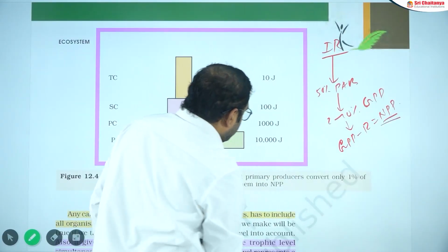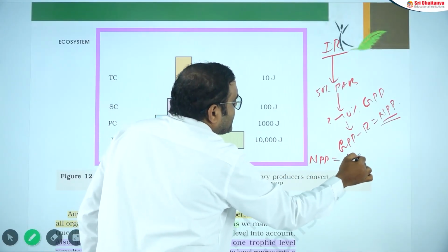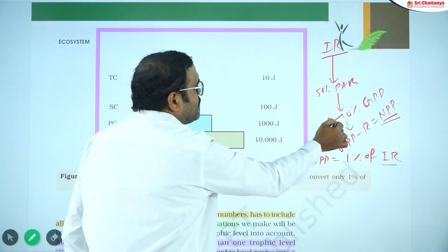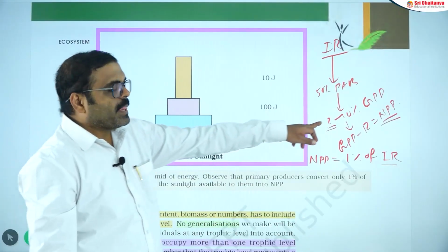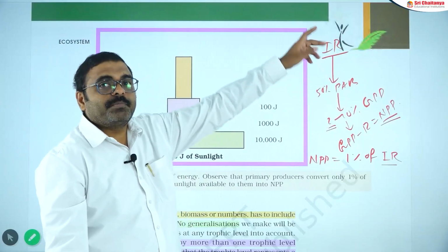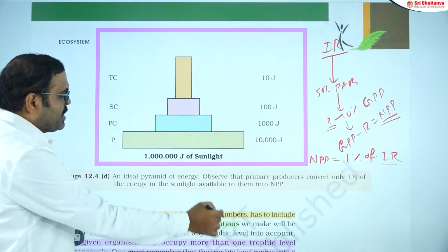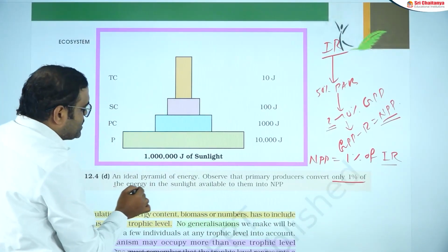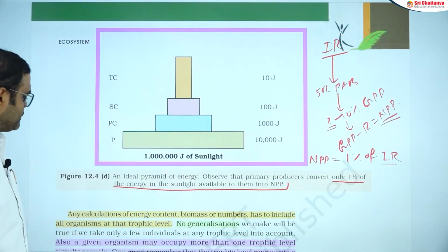Then the NPP value can be considered as 1% of IR. GPP can also be considered as 1% of IR, because GPP is 2 to 10% of PAR, that means about 1% of IR. So here they mention that only 1% of the energy in sunlight is converted into NPP, and you can justify the statement this way.